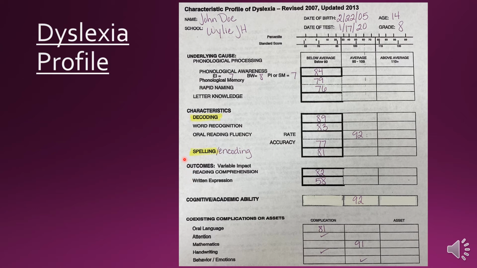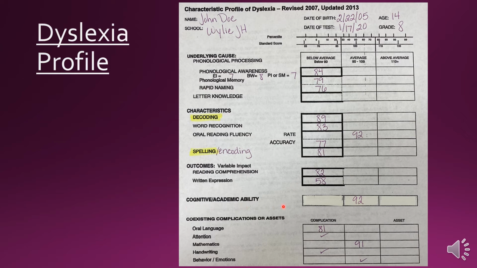We spend so much time and energy trying to decode and recognize those words and read fluently that by the time we spend all that energy doing these things, we have nothing left to give in these areas. And you can see right here how that lower encoding score is really giving us trouble with the written expression. It's really showing up right there, okay?